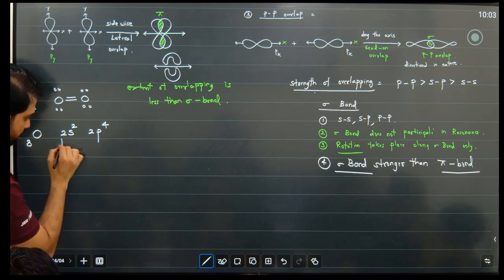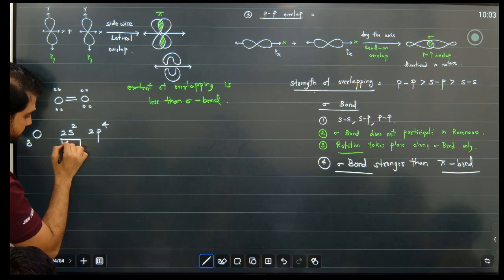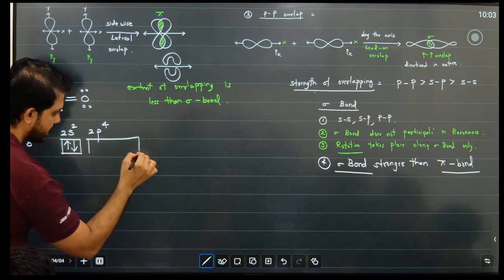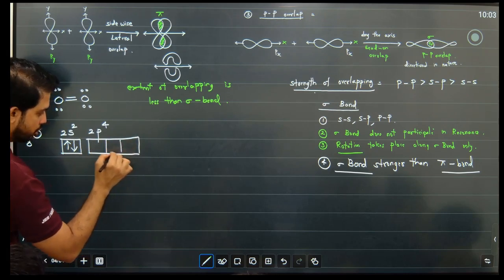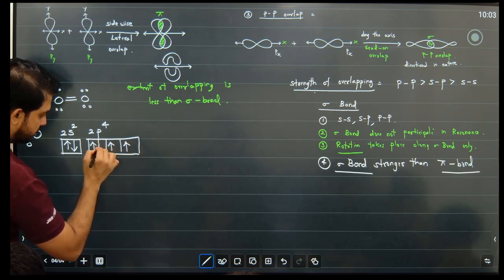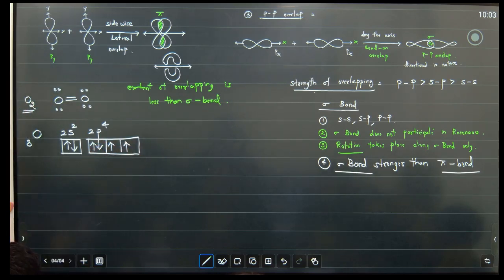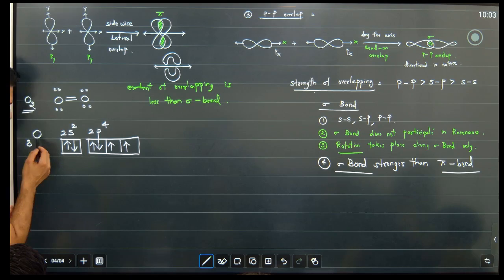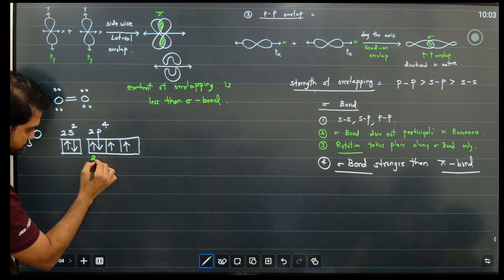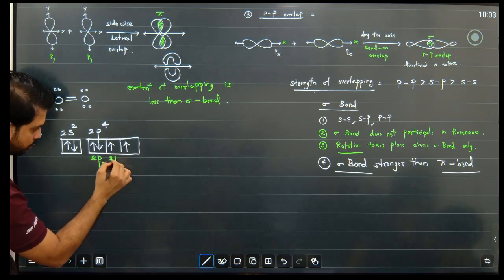So 2s में कितना इलेक्ट्रॉन है? 2 electrons in 2s and 2p has 4 electrons, so 1, 2, 3 and 4. How many electrons does each oxygen need to complete its octet? 2. So this is, let's say, इसको मैं बोलता हूँ 2px, इसको मैं बोलता हूँ 2py और इसको मैं बोलता हूँ 2pz.